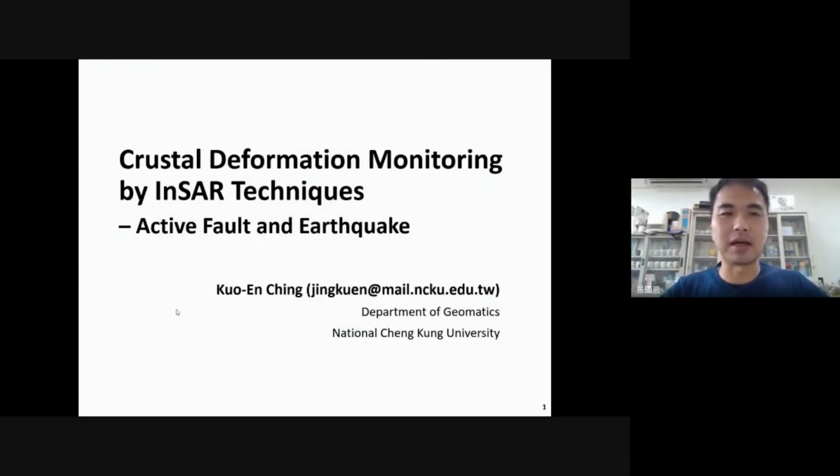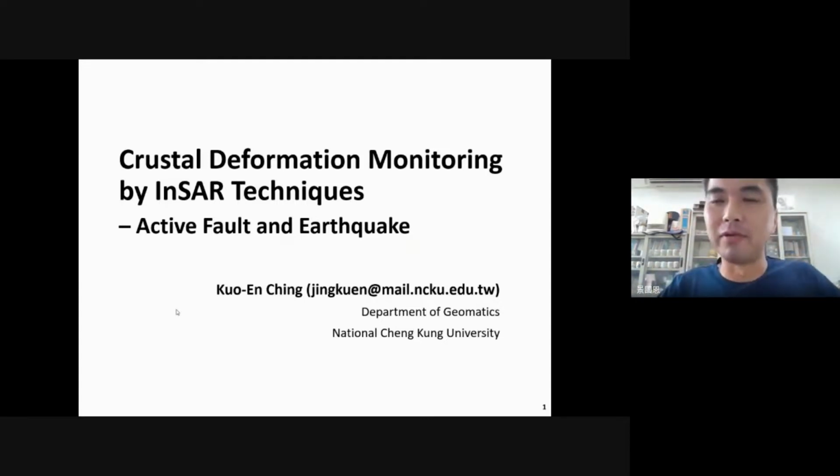Okay, so today I just want to talk about crustal deformation monitoring. Basically, not just by InSAR techniques, and I would like to explain the reason later. Today I want to focus on active faults and earthquakes.